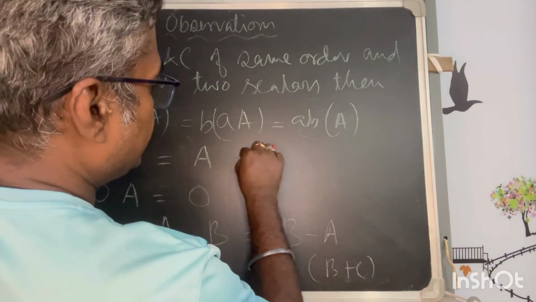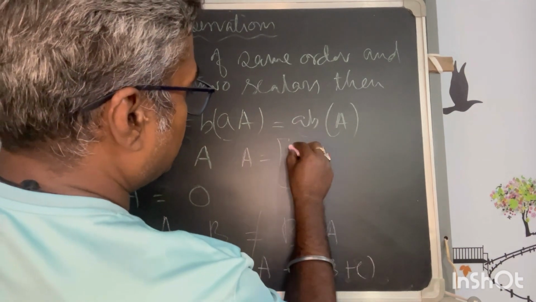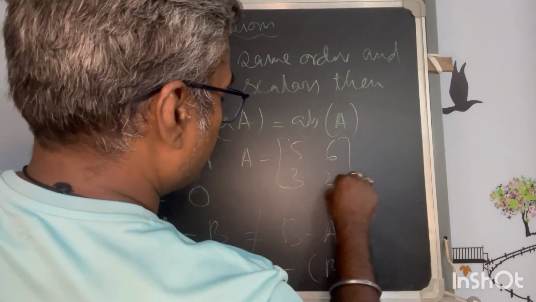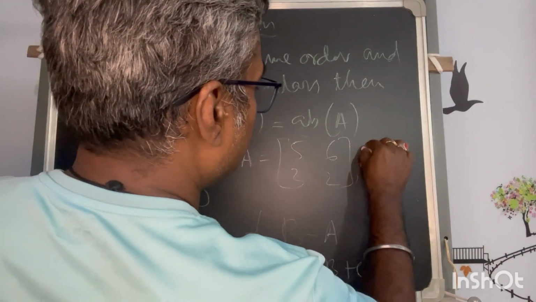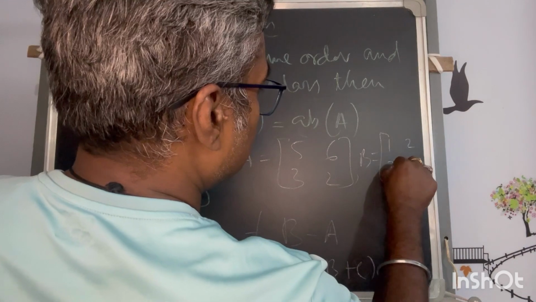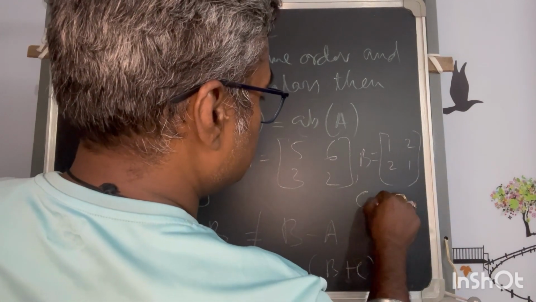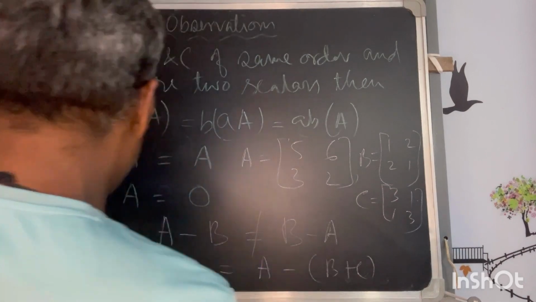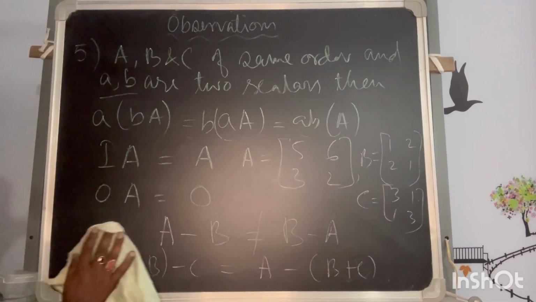Now let's take an example: A is 5 6 3 2, B is 1 2 2 1 and C is 3 1 1 3. Let's try this so that you can understand.